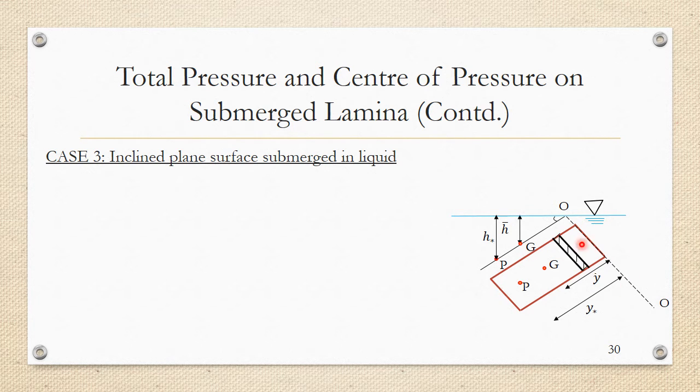I'm taking a small element here on the plate which is dA, and it is at a distance of y from the free surface along the plate. If the same thing is shown in the cross-sectional view, in the two-dimensional view, this red strip shows the edge of the small elemental strip, and the vertical distance of this small strip from the free surface is given as h, a general distance h.